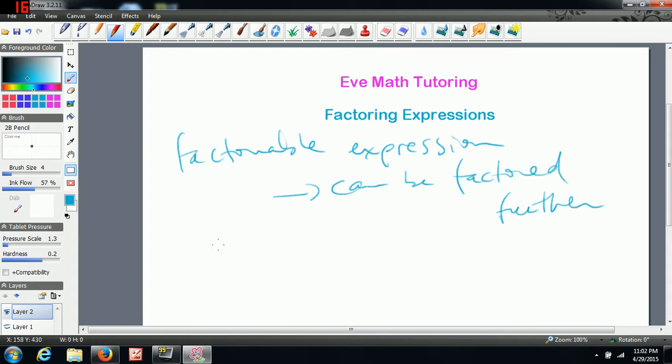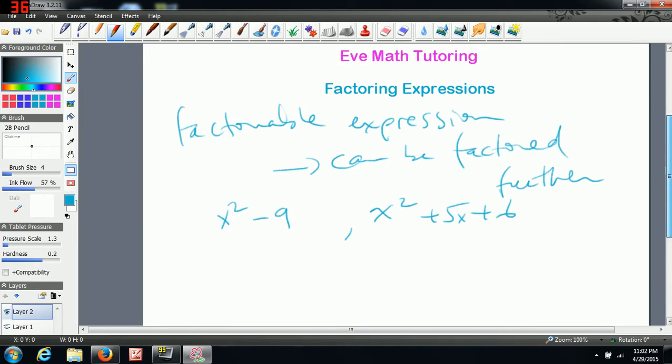Say you have x squared minus 9. This could be factored further. If you have x squared plus 5x plus 6, that could be factored further. I am going to be doing a lesson on factoring trinomials, so I'll explain how to factor things like this further in more detail in that lesson.